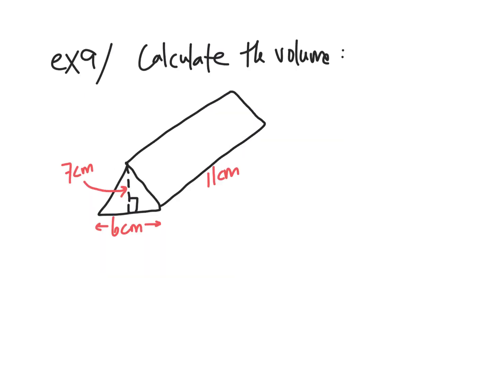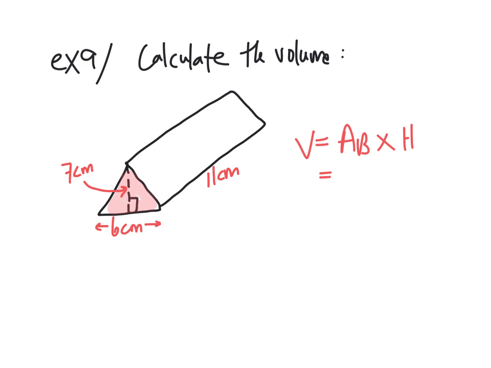Okay, one more for good measure. It's a triangular prism, and we want to calculate the volume. So try this one on your own, pause the video, and take a crack at it. Okay, you should have used the formula volume equals area of base times height. You should remember that for a triangular prism, you want the base to be the triangle.